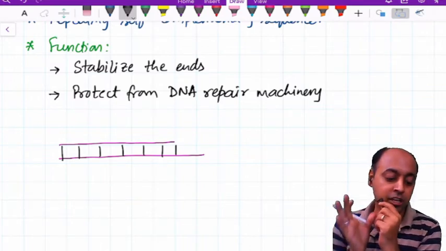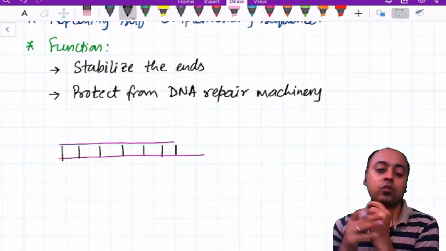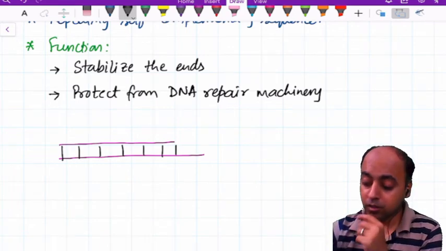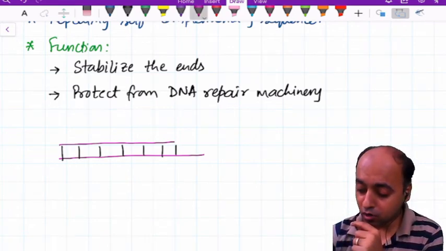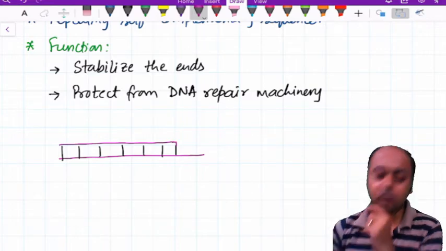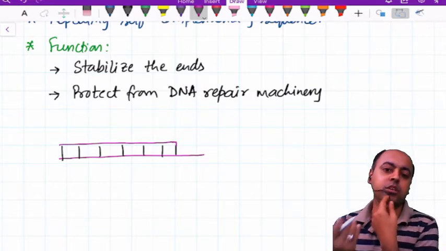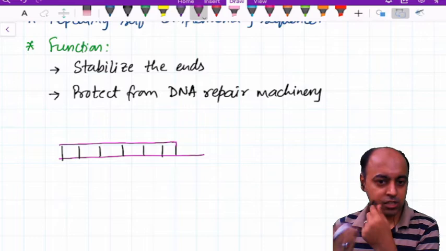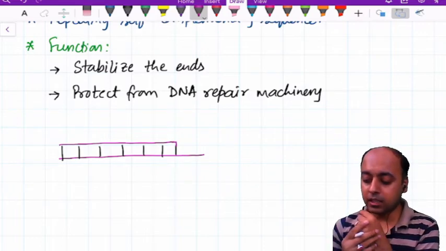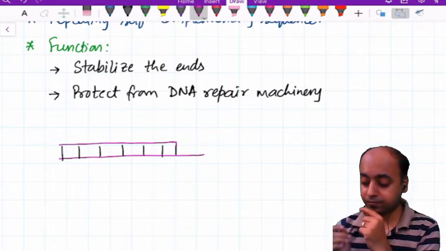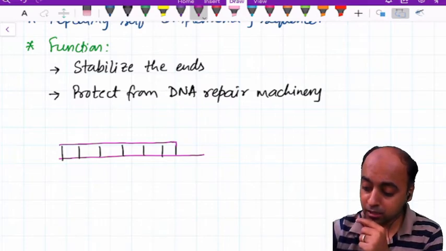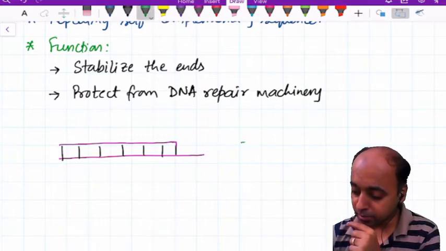We'll not go in detail now. But remember, when you go to the end of DNA, any DNA, one of the strands will always be shorter than the second strand. Alright? Now imagine there is another end of DNA nearby.